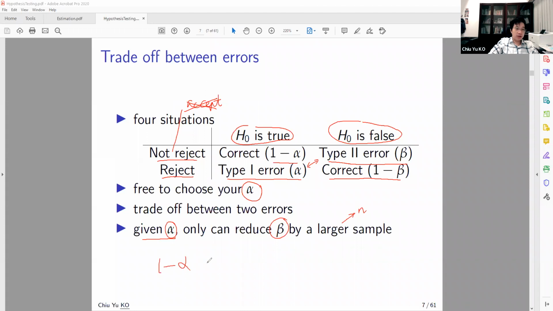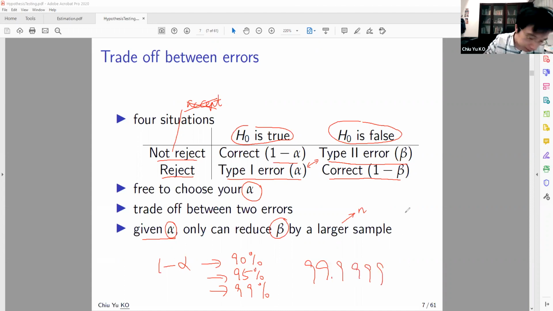or 1 minus alpha, right, is sometimes 90%, 95%, or 99%, right? These are the three common ones. You don't see 99.9999999 because if you do this, the beta will be much higher.